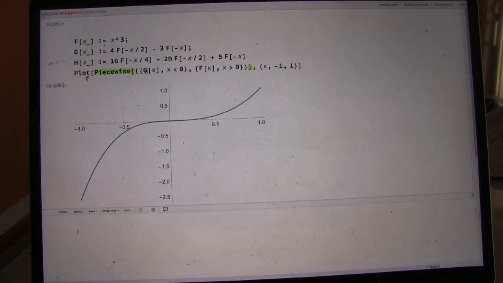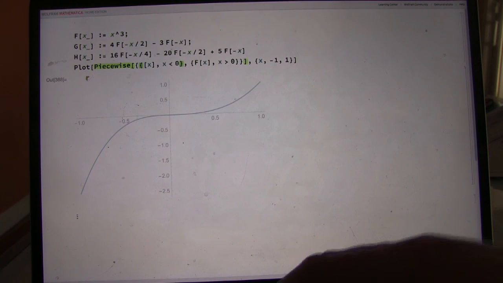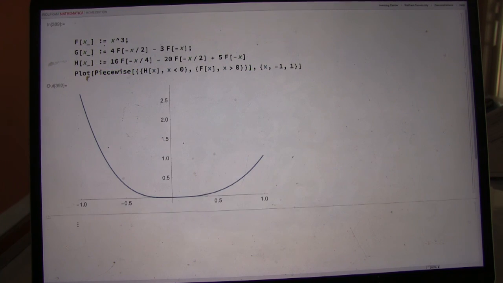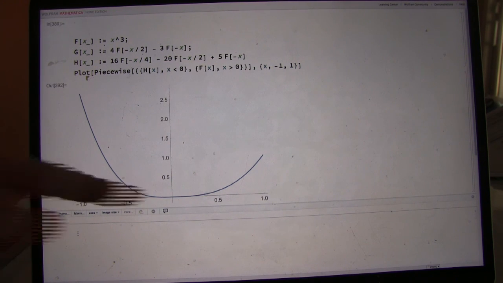Now, that preserves just the first derivative. What is the first derivative of x cubed at 0? It's 3x squared at 0, so just 0. And then here's h of x. Ah, okay, so this is very different. It's not going down anymore. It almost looks like a 4th degree, where it's kind of flat around 0.